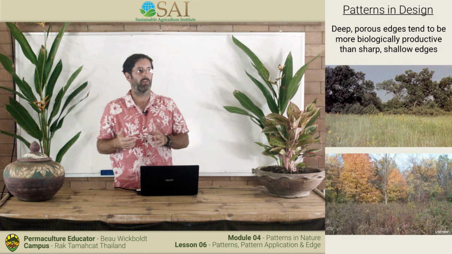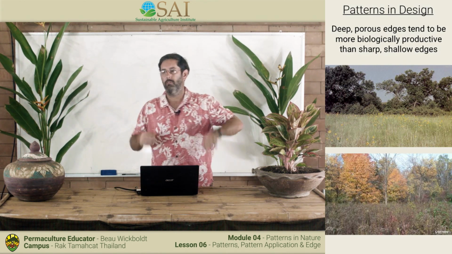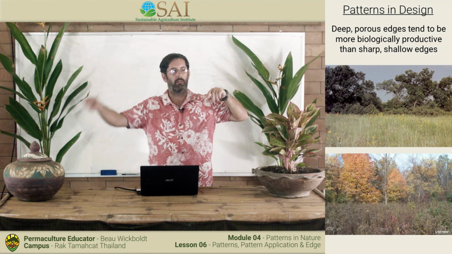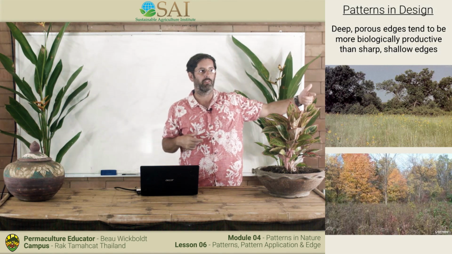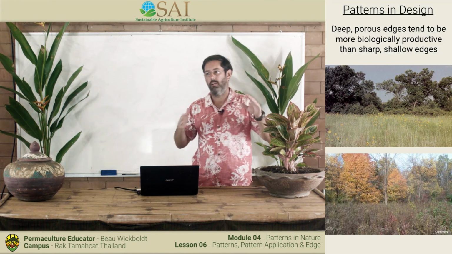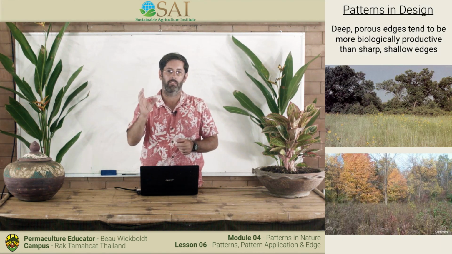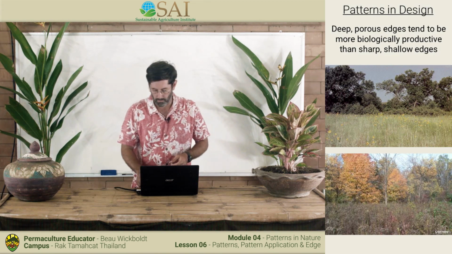So for instance, a bird may sit on the edge of the forest overlooking the field. He may swoop in and eat the mouse that was eating the seeds. He comes back, flies into the forest, and disperses the nutrition. This animal moving between represents a third or a more complex zone. The interaction between two zones is a third zone.